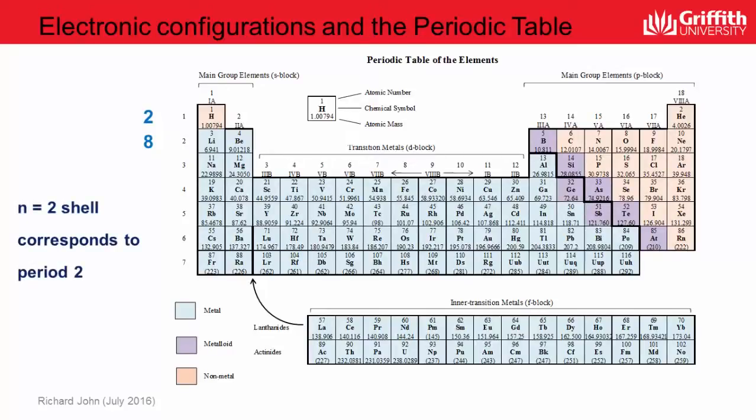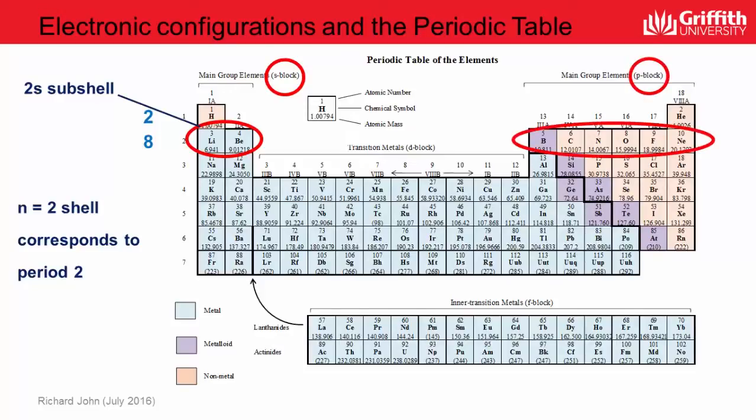So it seems that the n equals 2 shell that accommodates 8 electrons corresponds to period number 2 in the periodic table that holds 8 elements, and that these 2 elements in the s block actually correspond to electrons filling in the 2s subshell, and that these 6 elements in the p block actually correspond to electrons filling in the 2p subshell.